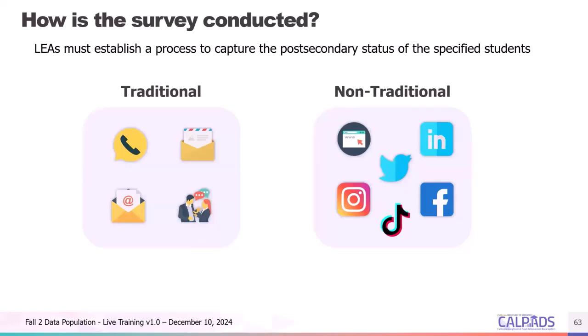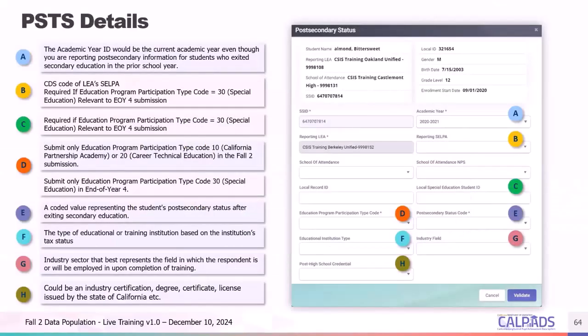The student surveys can be collected and distributed via traditional means like postal mail, email, phone call, or even face-to-face meetings, or via non-traditional means like social media and online forums. But I would note here that if the feasibility of non-traditional means eludes you, you may want to stick with more traditional methods. Your survey results will be captured in the PSTS files that you submit to CALPADS. So let's look at those files.